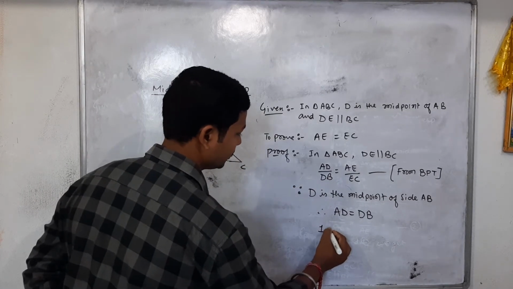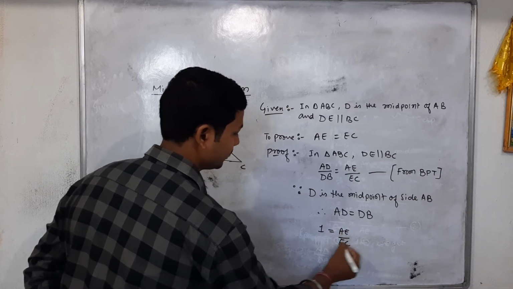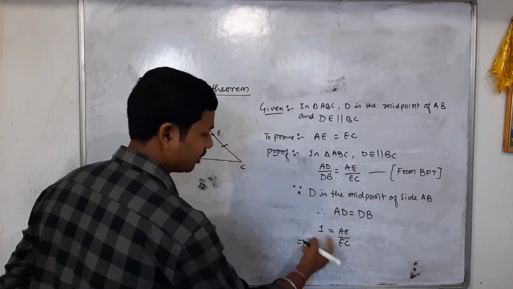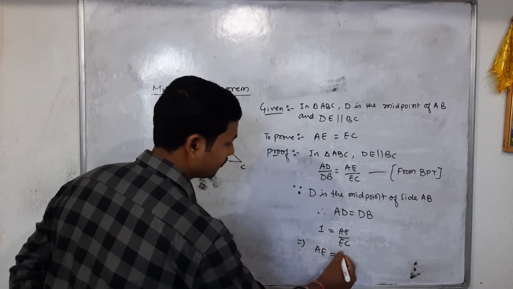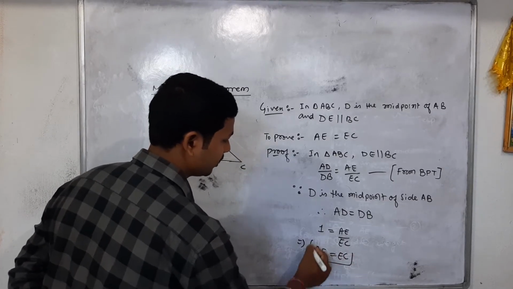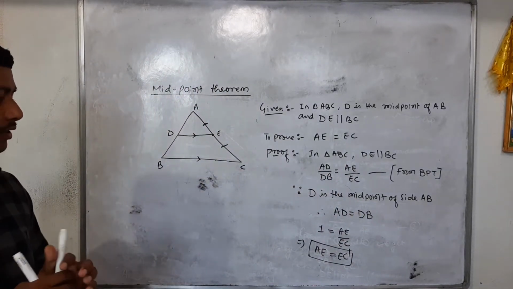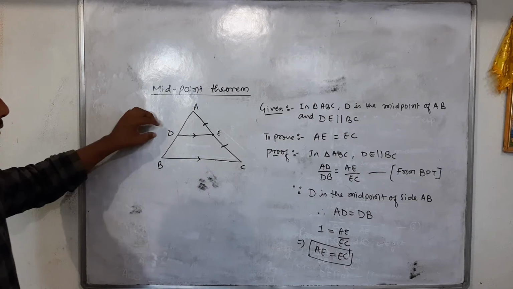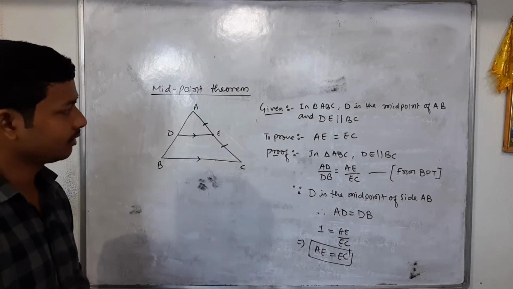So 1 is equal to AE by EC. By cross multiplying, AE will be equal to EC. Hence it is proved that a line drawn from one midpoint will bisect the third side.